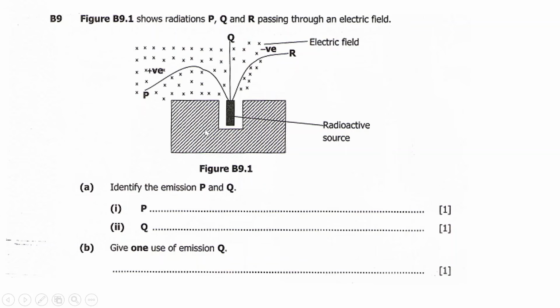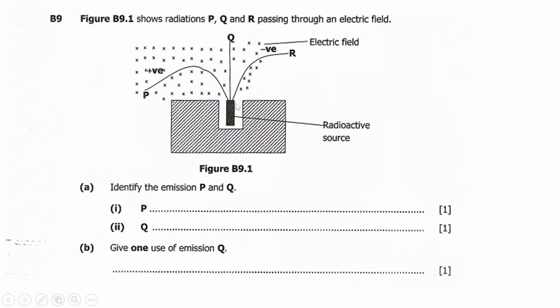Then question A says identify the emission P and the Q. So we need to identify the emission P, which is this one, and then Q, which is this one. To be able to identify these, we need to understand some of the properties of these radiations, like what happens when they pass through a magnetic or electric field.